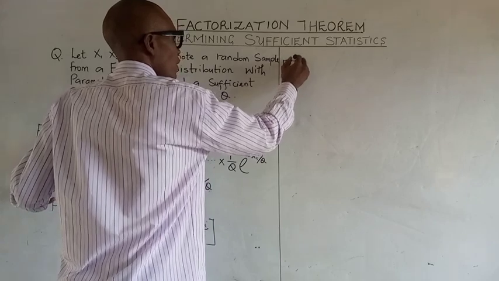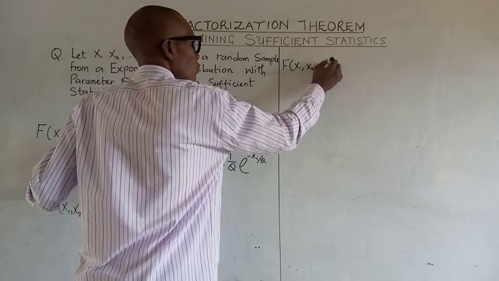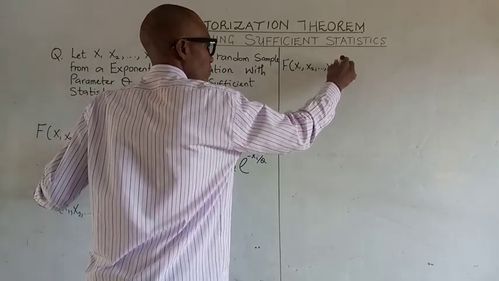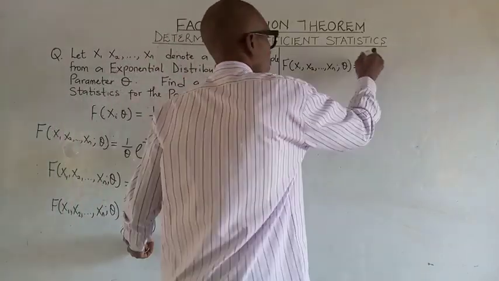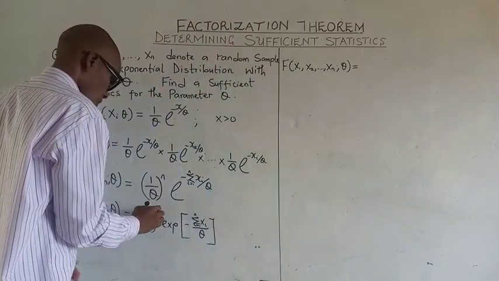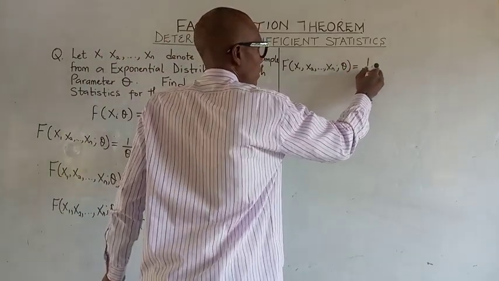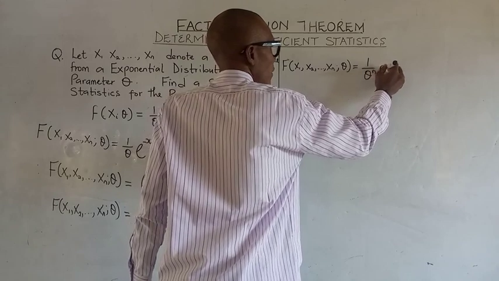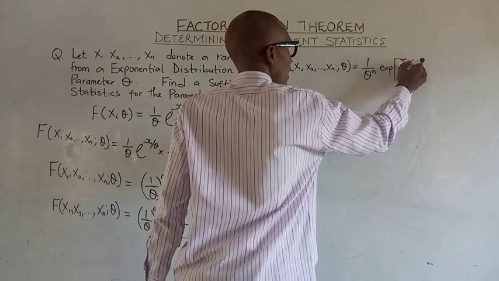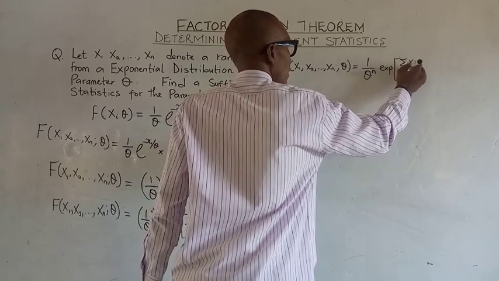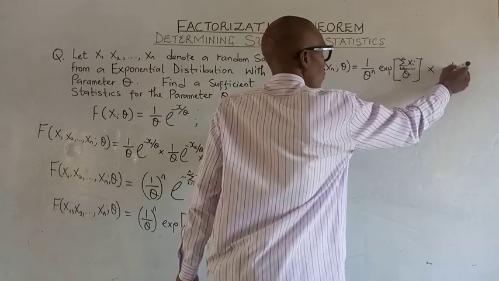We write out the function first, f(x1, x2 to xn; theta), to give us 1 all over theta to the n, exponential of the summation of xi all over theta, where i is running from 1 to n, multiplied by 1.